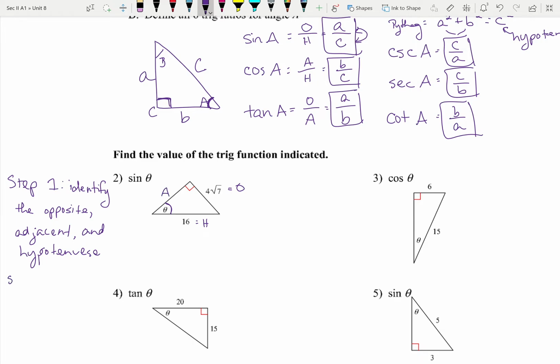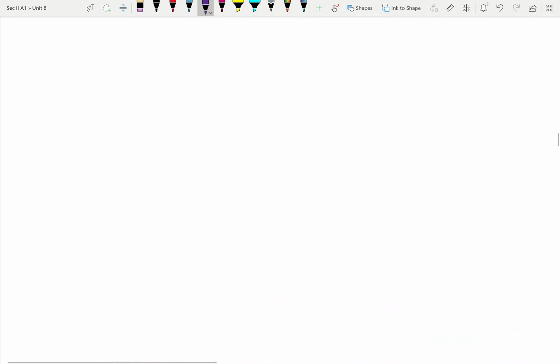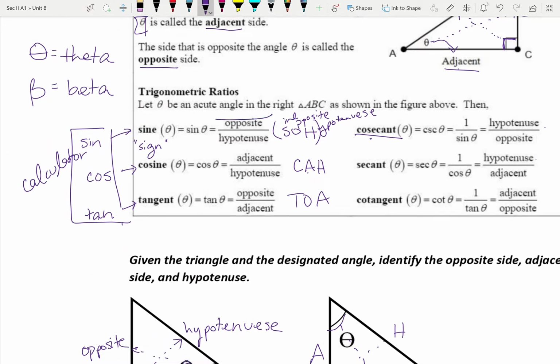Okay, once I have those labeled, step 2 is to recall the trig formula or the trig setup. So what that means is, what is sine? So I might need to go back over here because I don't really know them yet. And I might need to remember, oh, sine is opposite over hypotenuse.